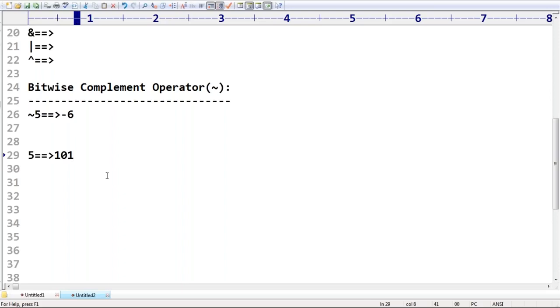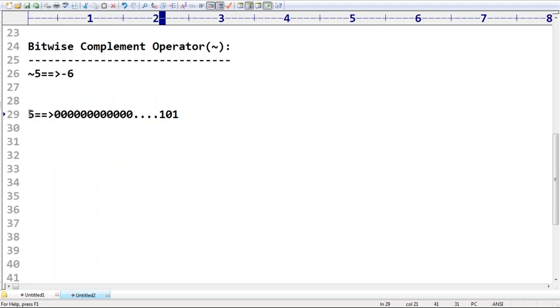Actually, it seems 101, but internally my Python may follow a 32-bit representation. It never follows only 3 bits. Remember that. Suppose Python follows an 8-bit or 32-bit representation, anything, sir. Assume the 32-bit representation of 5.